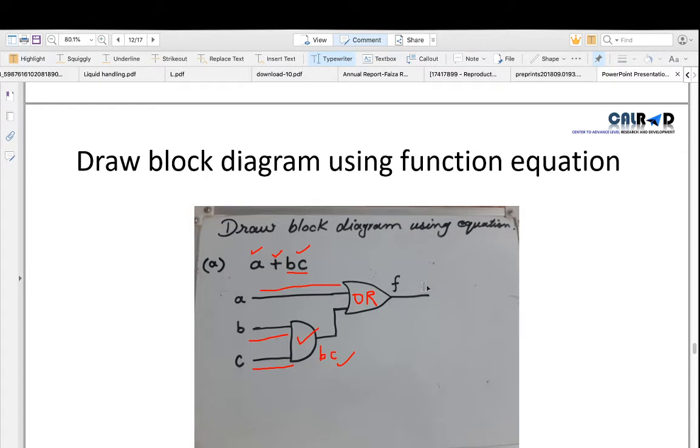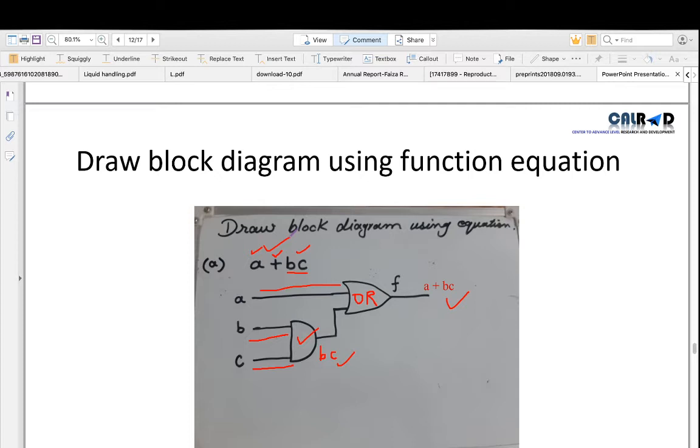The output will be the first input, that is A, and because the OR gate gives the sum, the second input is BC. So this is our required equation, that is A plus BC, and this is also A plus BC.